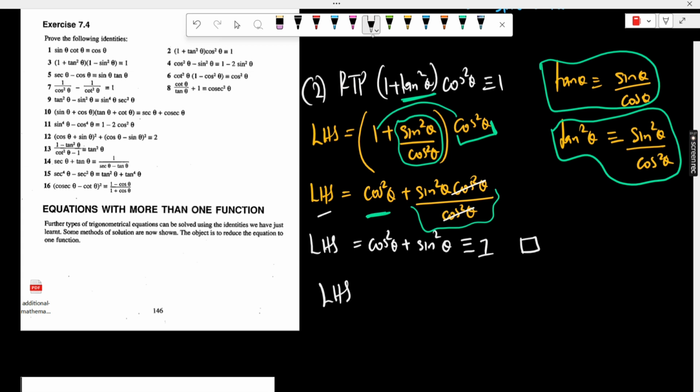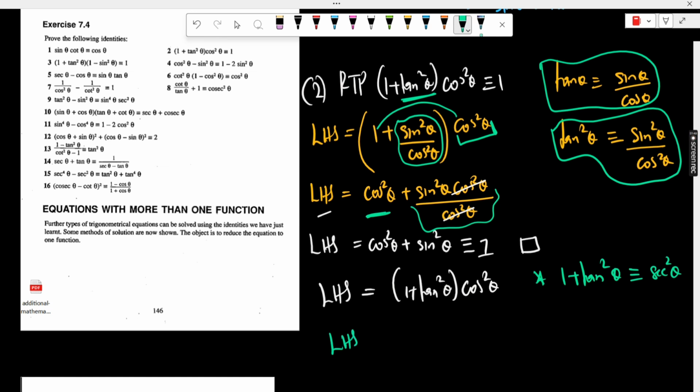So the LHS is equal to 1 plus tan squared theta times cos squared theta. But what do I remember? I remember that 1 plus tan squared theta is equivalent to sec squared theta. And so my LHS becomes sec squared theta times cos squared theta.